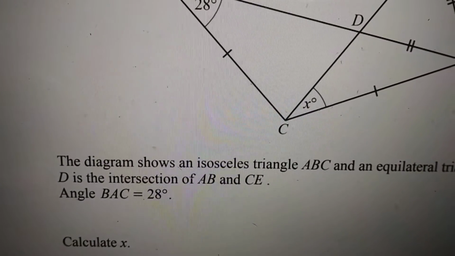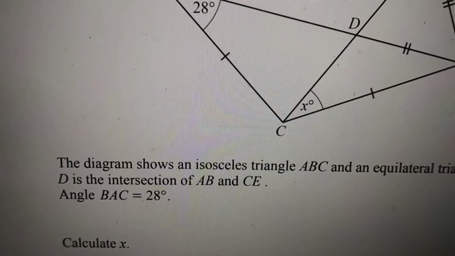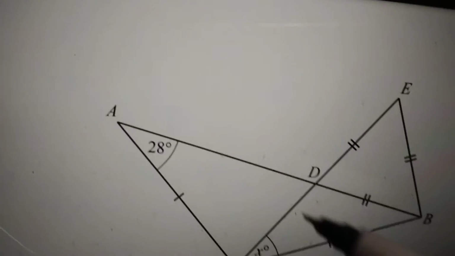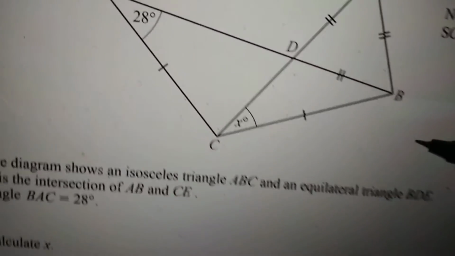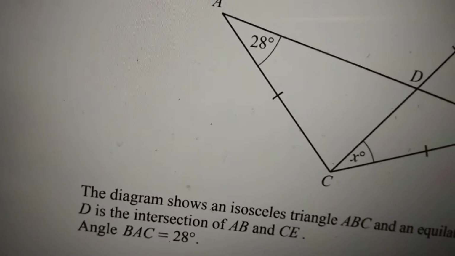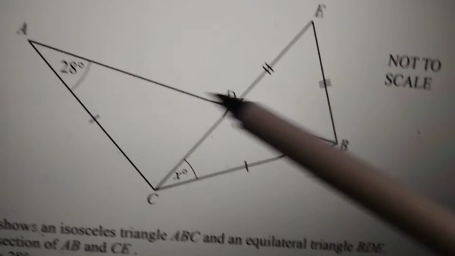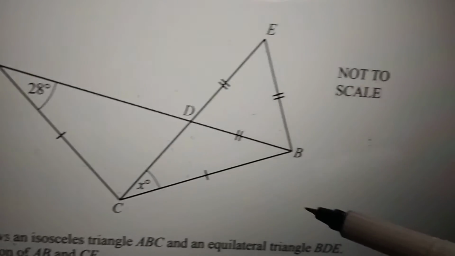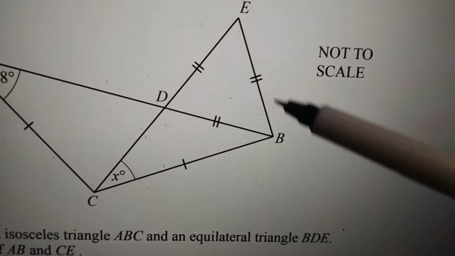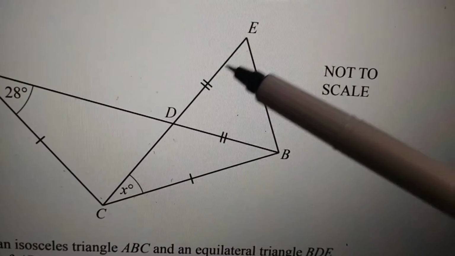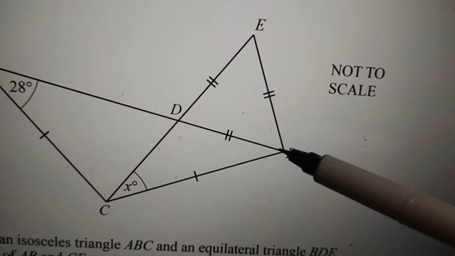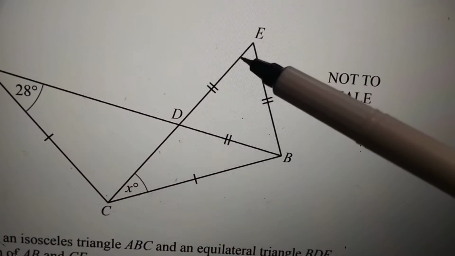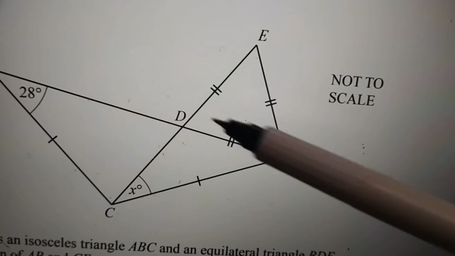Then one angle is given which is BAC, which is 28 degrees. Now look at the thing which we can evaluate first. This is an equilateral triangle, EDB. So each angle is 60 degrees, means this angle B, this angle E, and this angle D will be 60 degrees.